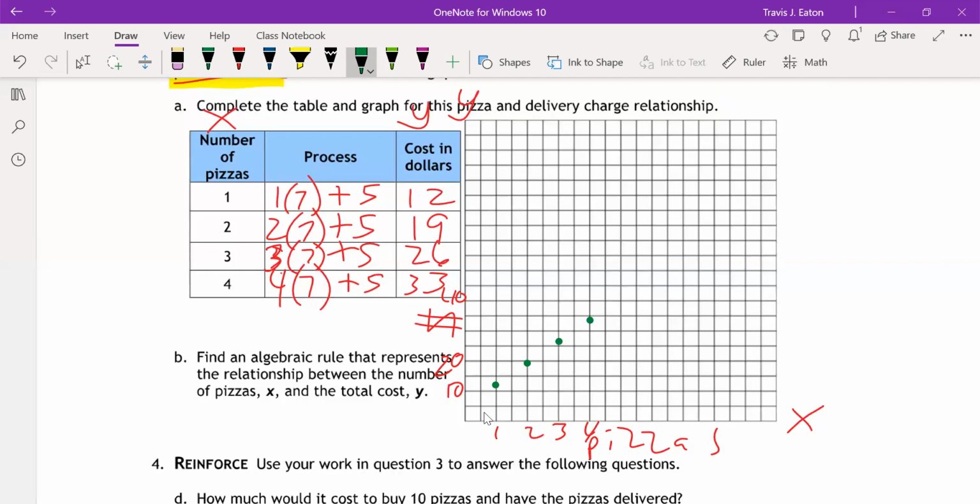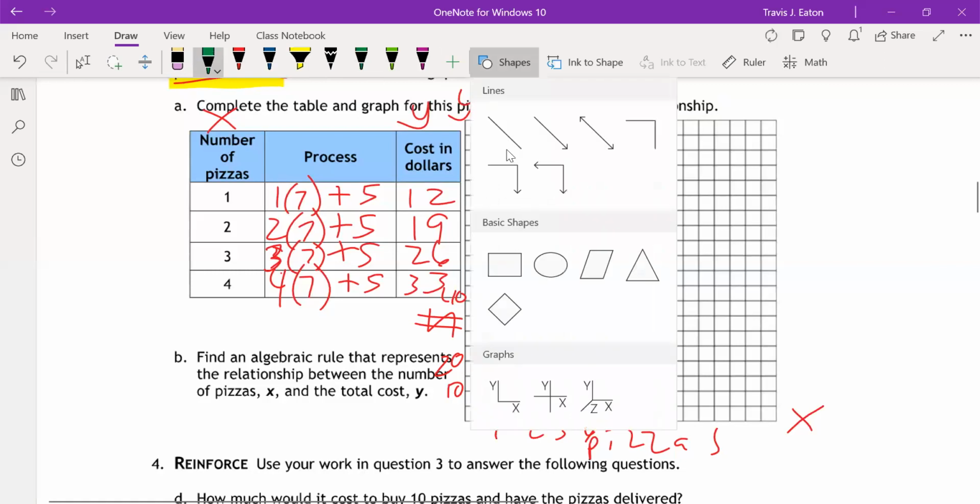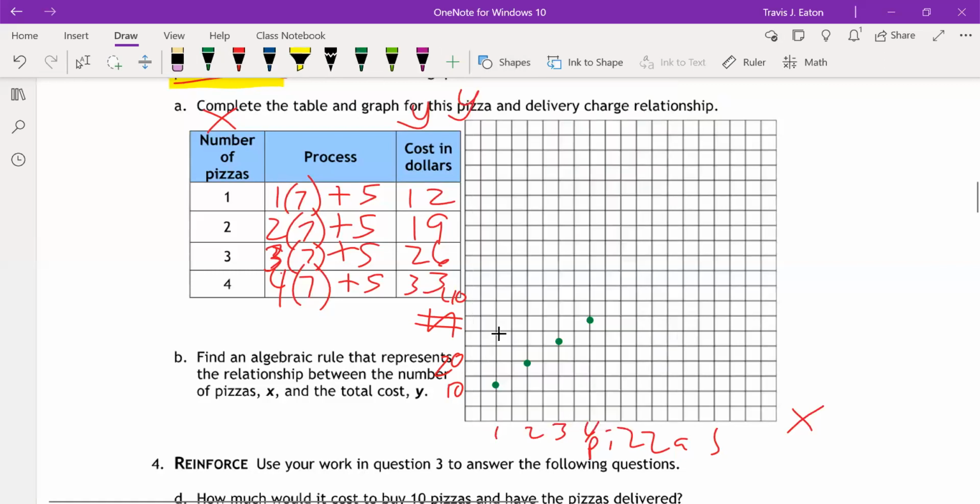Now, let's say we connect these dots with a line. So I'll do that, get my graph going here. Shoot. So I want you to look at something here.